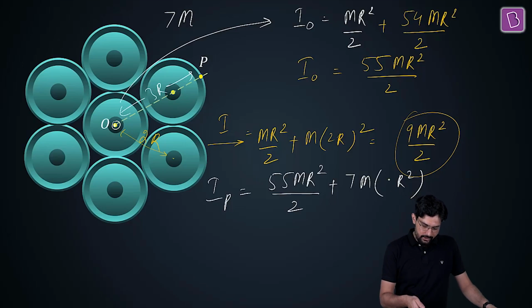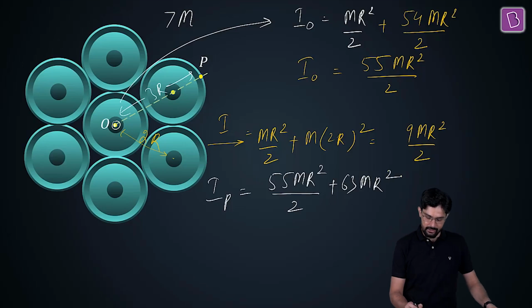So this factor is 63. So we can add 63 mr square to this one to find out the final answer.